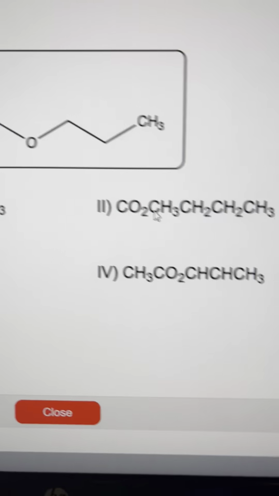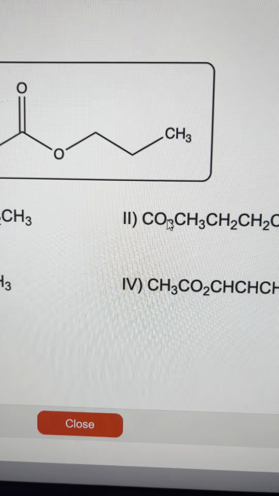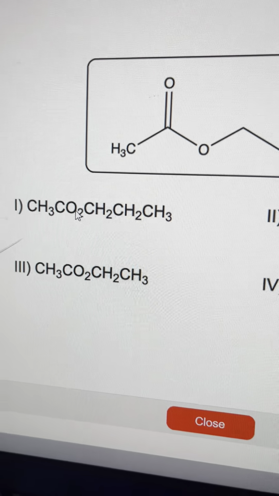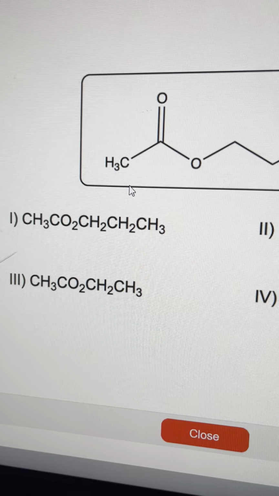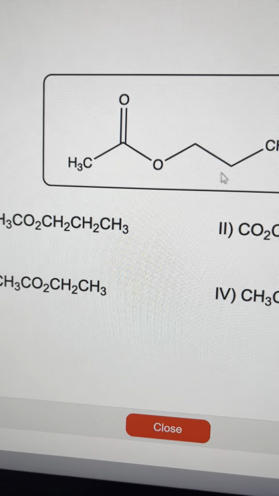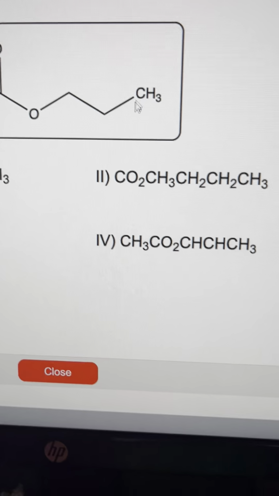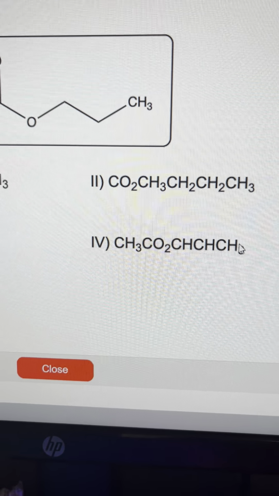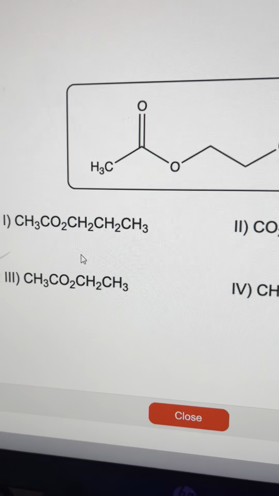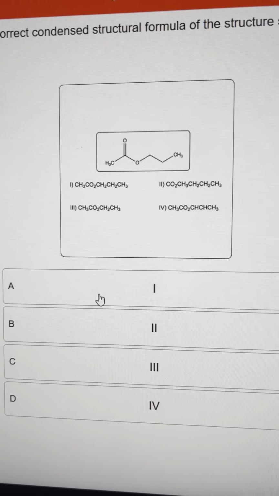It can't be this one because CH3 isn't first. We go from CH3, CO2, and then another CH2, CH2, and then CH3. Well, if we look at this one, we go to CH3, and we know that these can bond with 2. So that means it has to be 1.